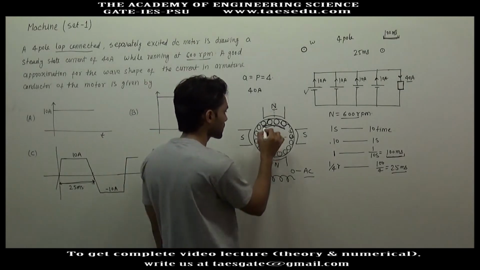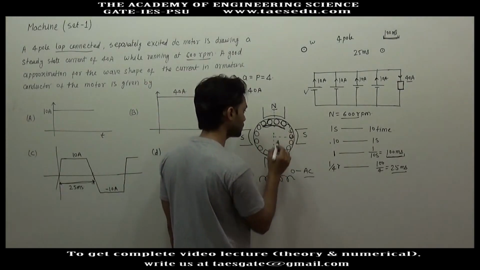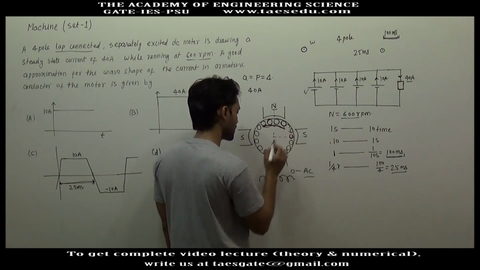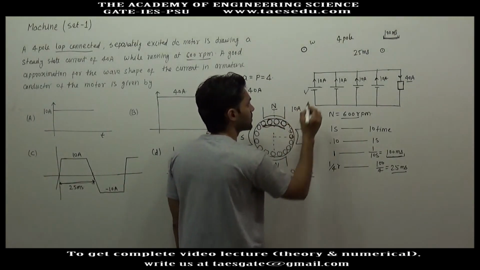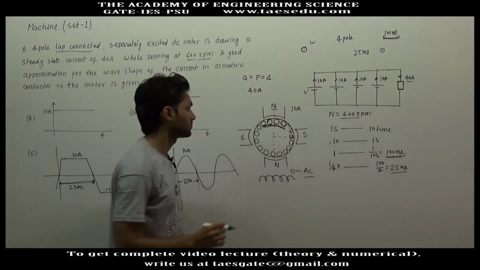Since these conductors are connected in series, the current in each conductor will be 10 ampere. This 10 ampere has to be constant.